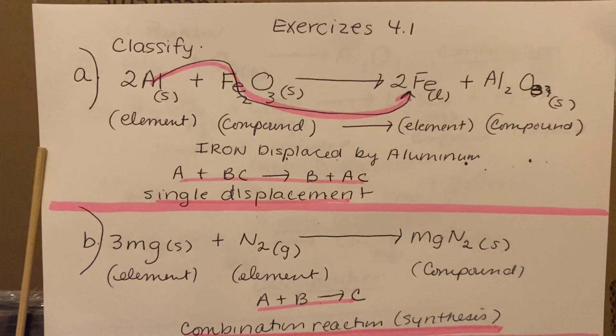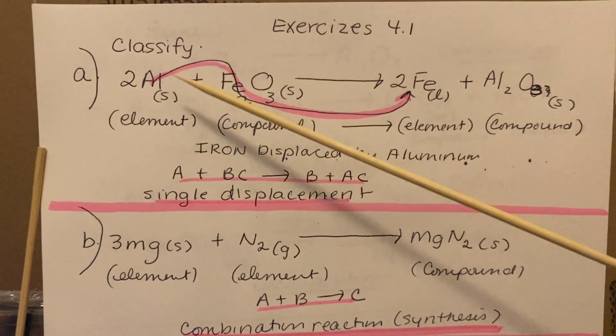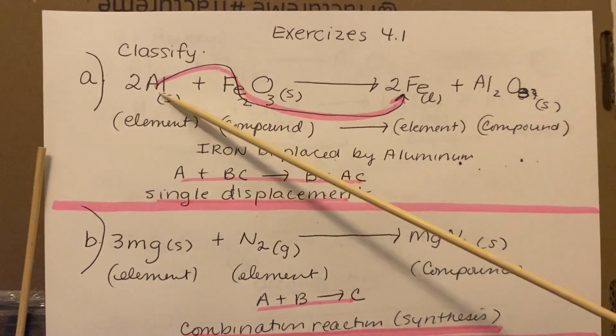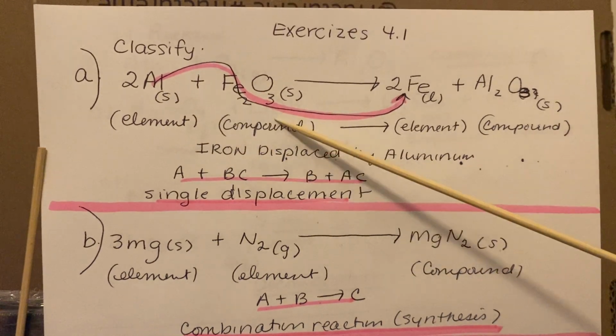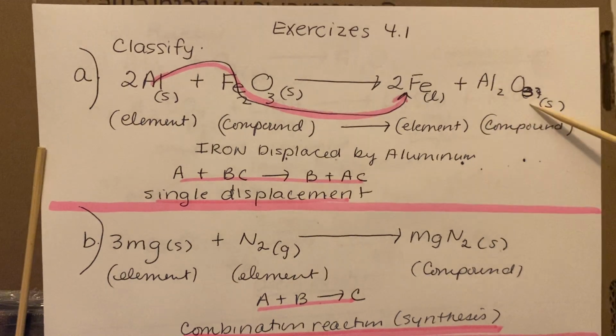Is this going to be a single displacement, a double displacement, a decomposition, or just a simple combination? Let's look at this. It looks like we have an element, aluminum, and a compound, and then another element and another compound.